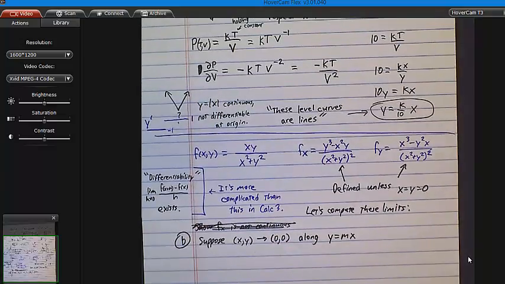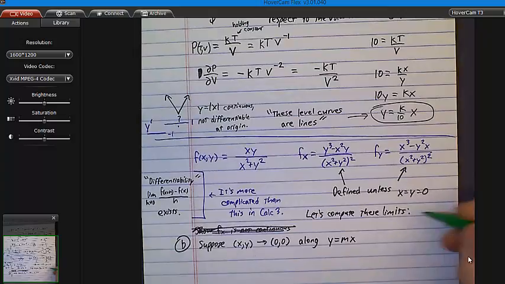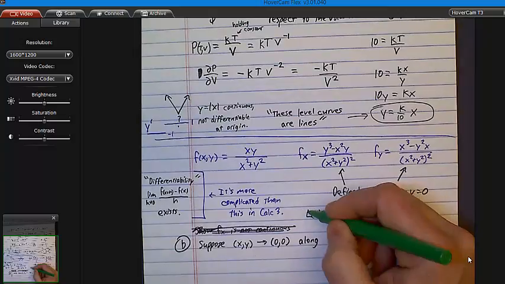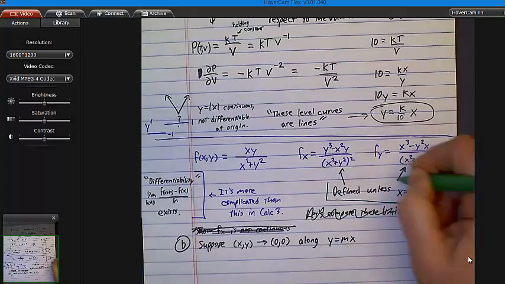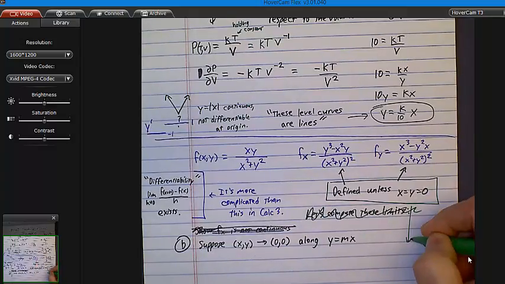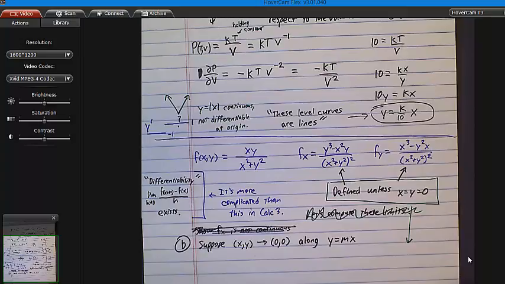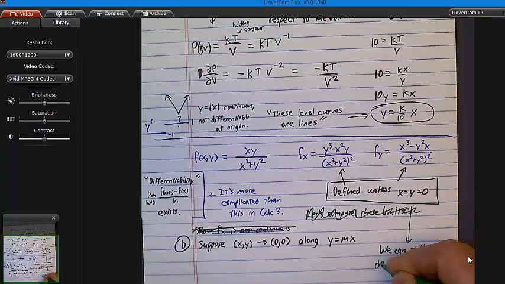Part A, I want to do this. Sorry, guys. We can still define these things. We can still define fx of 0, 0.